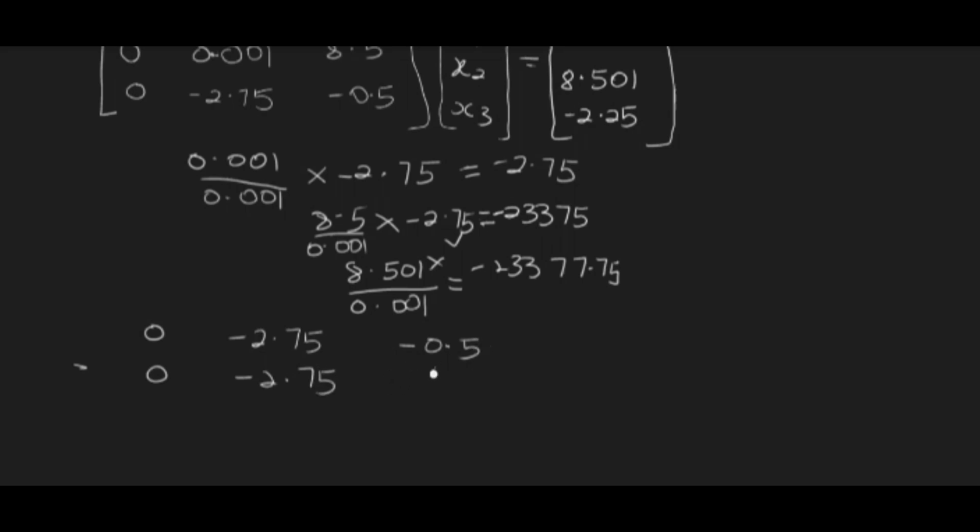Then finally the second entry is negative 2, 3, 3, 7, 5. Right, then this side too will come.